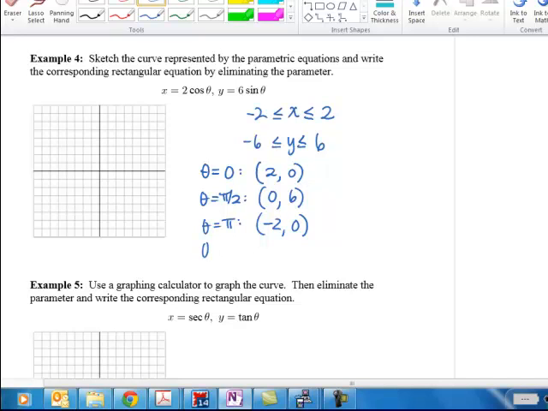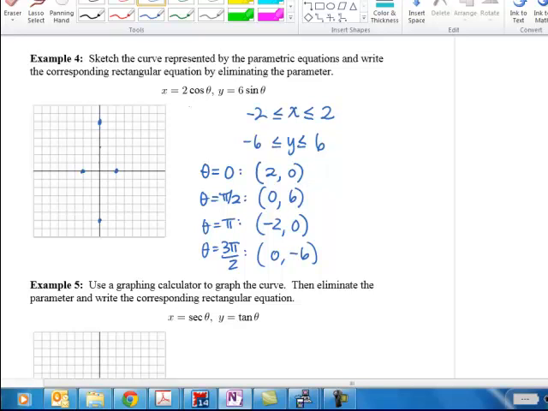And when theta is 3 pi over 2, we would have 0 and -6. Alright, so theta equals 0 was 2, 0. Theta equals pi over 2, we have 0, 6. Theta equals pi, we have -2, 0. Theta equals 3 pi over 2, 0, -6.